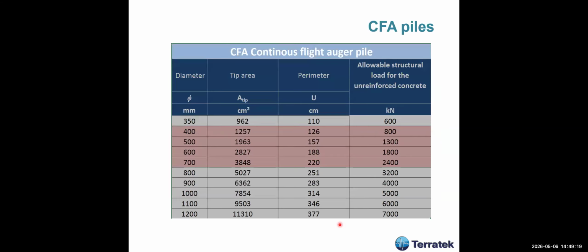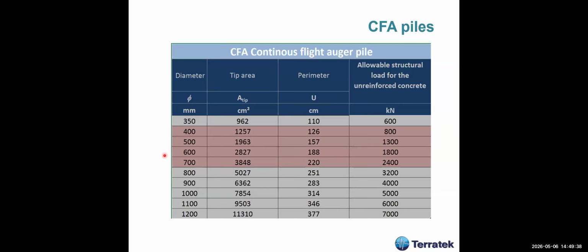And this is more or less the kind of diameter that we can have, usually from 350 to 1200 millimeters. These are the possible diameters, but the most common are from 400 to 700 millimeters.